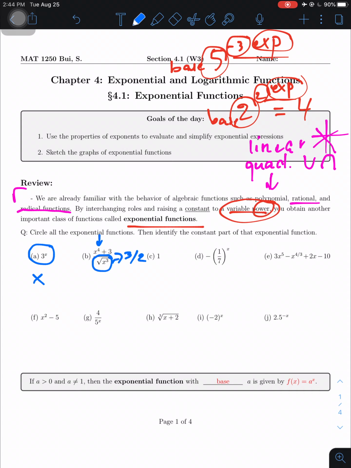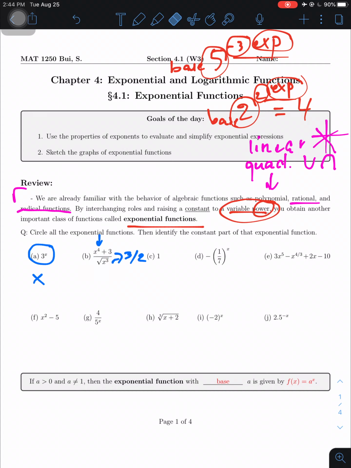Because we have the square root. I'm going to tell you how to know that it's a fraction of 3 over 2 in later sections. But for now, since we don't have a variable exponent, we don't have a variable power, this is not a good example of an exponential function, okay? So let me take out a circle before you mistake that this is the answer.